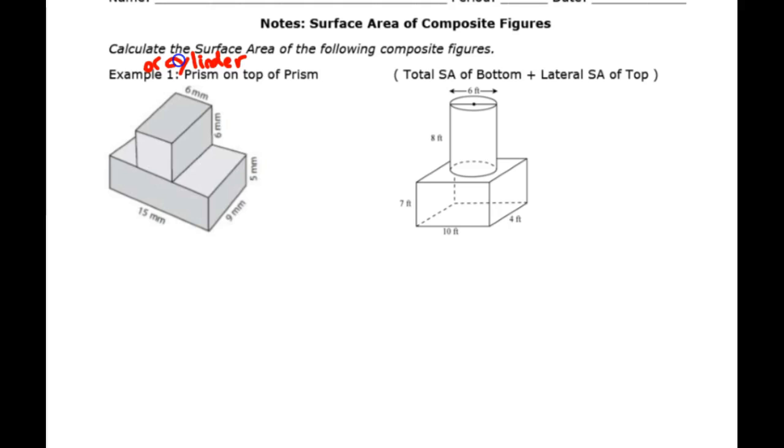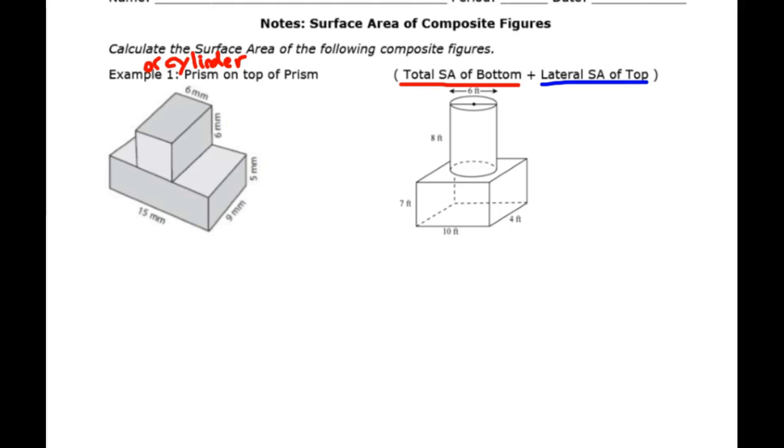And off to the right, I gave you the way you figure out the total surface area when you have them stuck on top of each other. What you do is you find the total surface area of the bottom plus the lateral surface area of the top. That's the short and sweet on the notes for finding surface area of two composite figures that are on top of each other. But let me show you why that's true, okay?